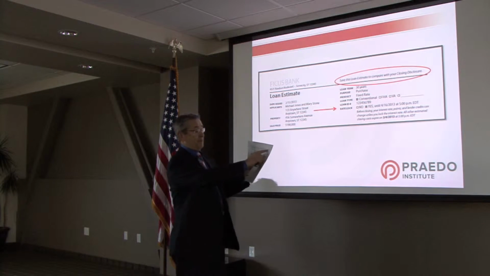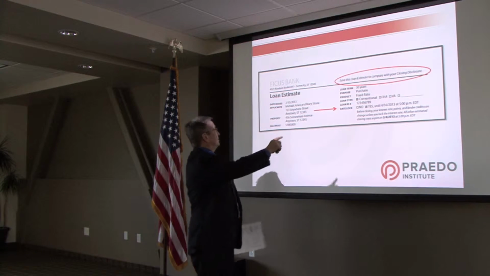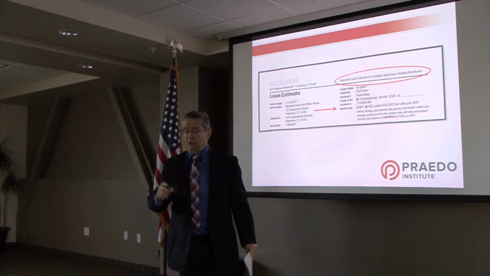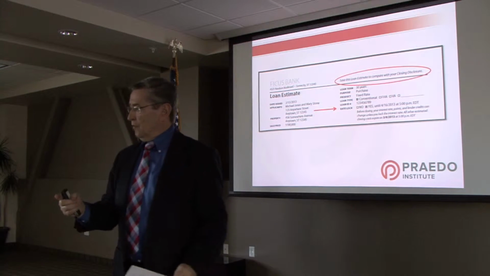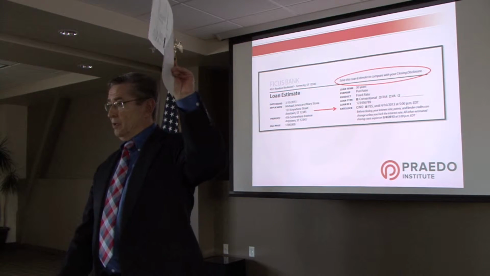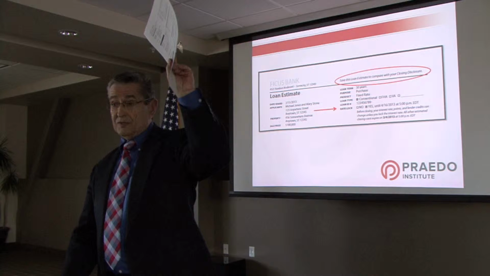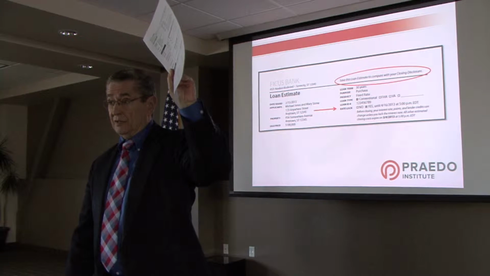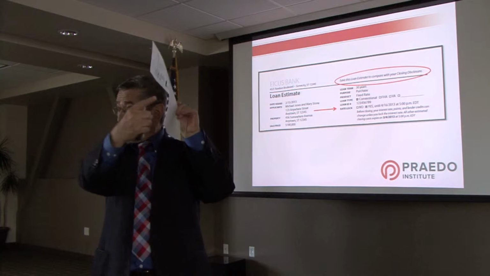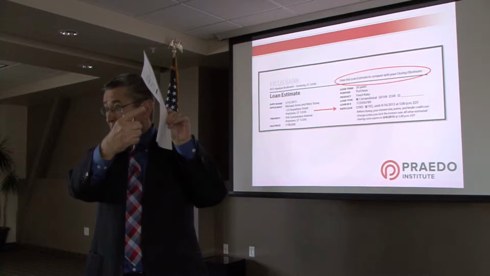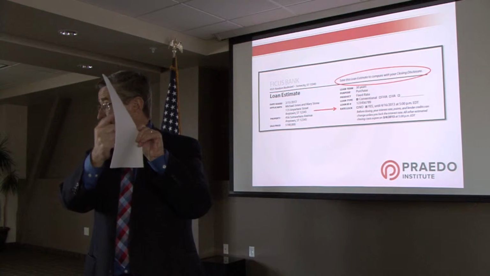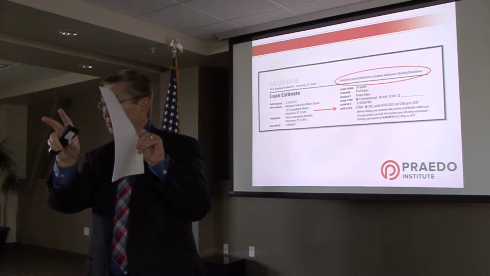Right up at the very, very top, it says, save this loan estimate to compare with your closing disclosure. Wow. They're telling the client to save this form because they can compare it with the closing costs. In other words, what they're saying is, lender, what you put on here, you better be pretty confident, because that's what it's got to look like at the closing too, with very few places you can make changes.